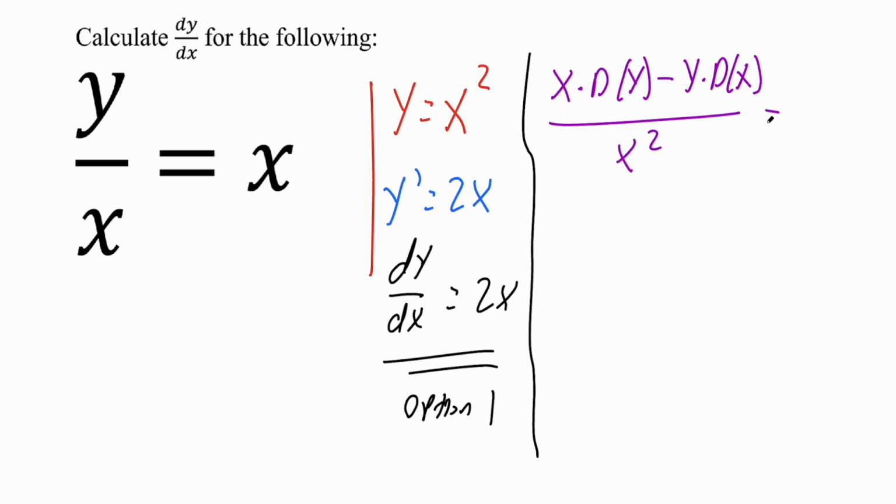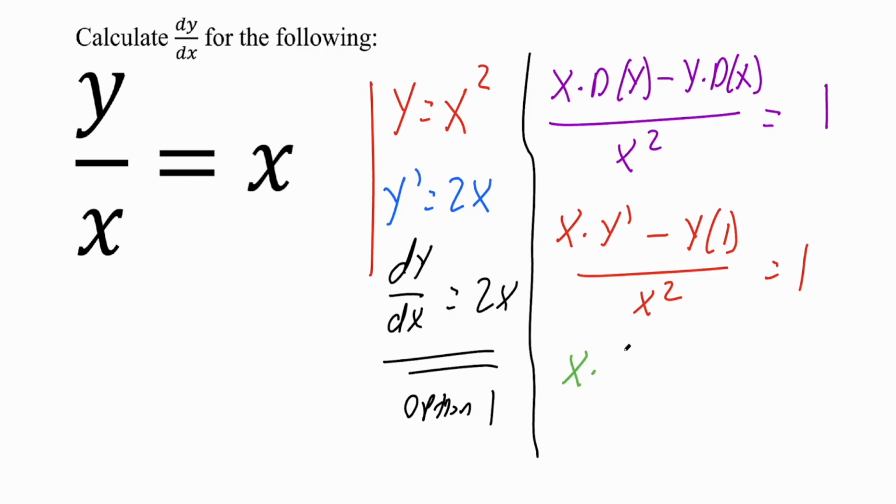So x squared is equal to, the derivative of x is just going to give you 1. So we get x times y prime minus y, derivative of x is just 1, divided by x squared is equal to 1.